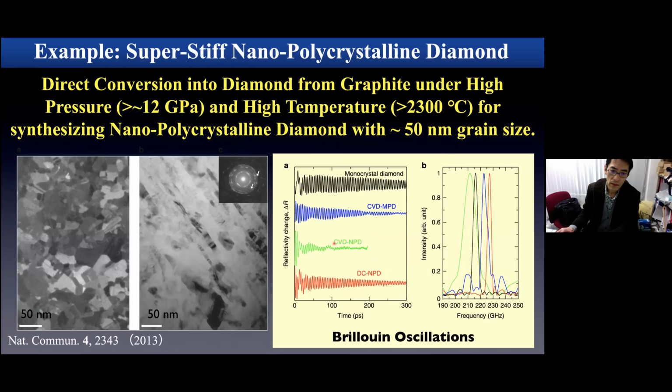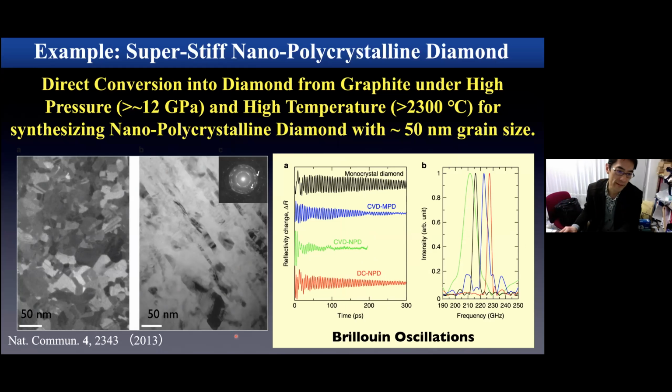And using this method, we have succeeded in synthesizing the ultra stiff diamond. A diamond shows the maximum elastic constant, and many people searched for a material showing stiffness exceeding the diamond, but they failed.